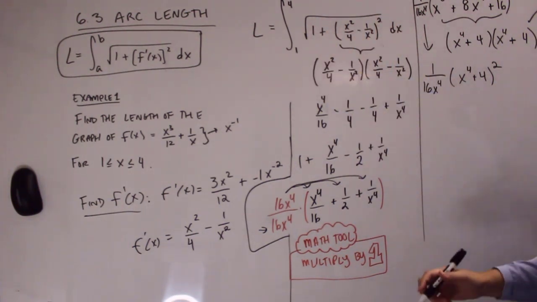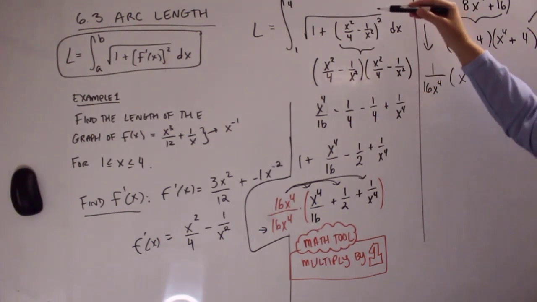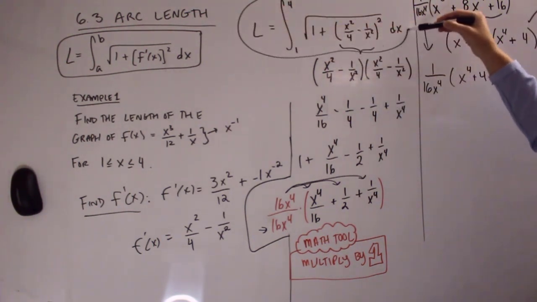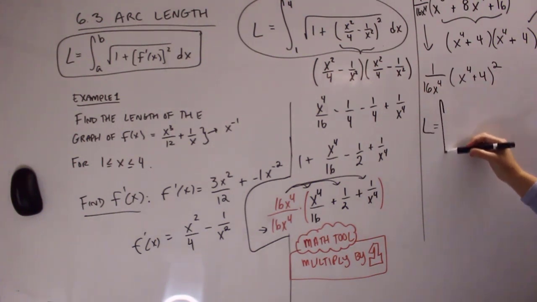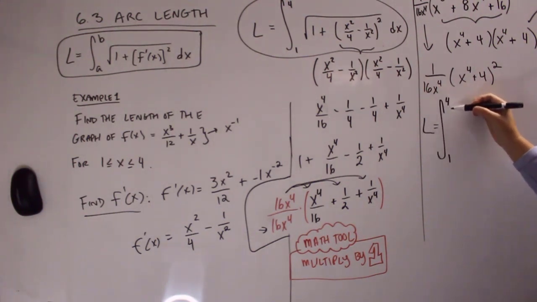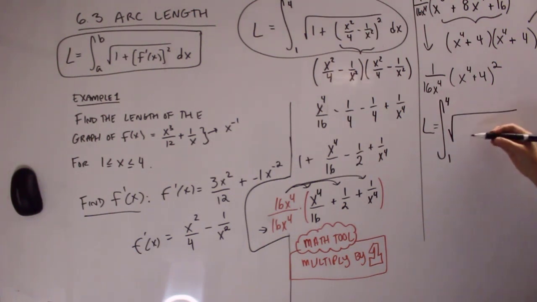And so going back to our integrand now, taking it right from here, we have that the length that we're looking for is the integral from 1 to 4 of the square root of, let me go ahead and combine these, I'm just going to write it as one giant fraction, x to the 4th plus 4 squared over 16x to the 4th dx.